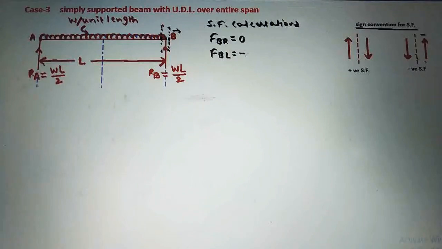So we will write here minus RB, then minus of, what is RB? RB is W into L divided by 2.